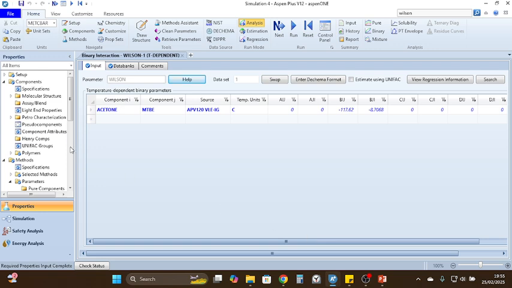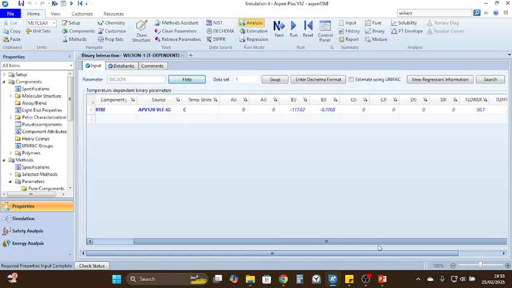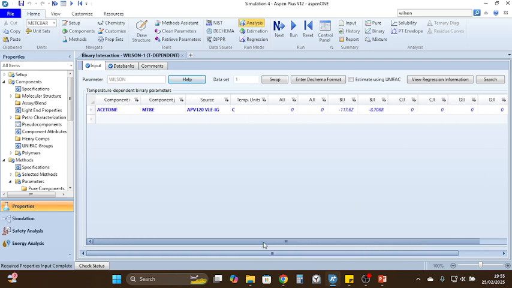So this actually is a problem, because the calculations that we will be performing using this thermodynamic property method will be inaccurate, since all the parameters are not properly mentioned in the data that was retrieved from this source over here.